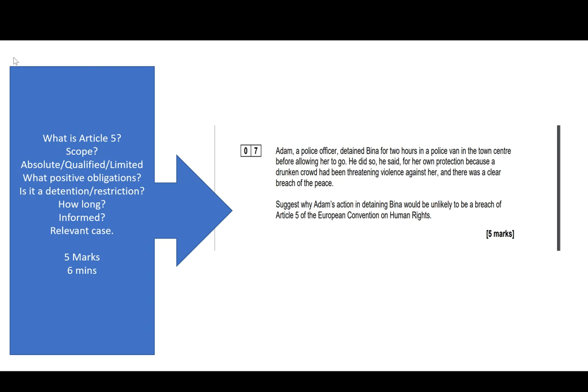In 2019, the question dealt with publishing photographs of a celebrity. So a relevant case from law could be cited, and if there's time, recent examples where privacy has been breached in the news. Again, this carries 5 marks, so around 6 minutes to answer.